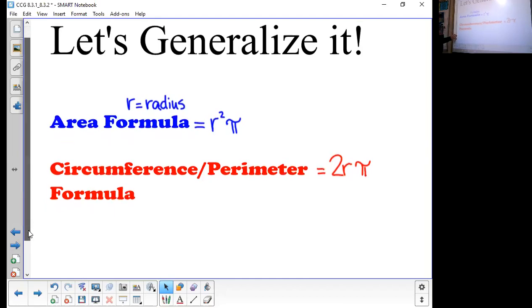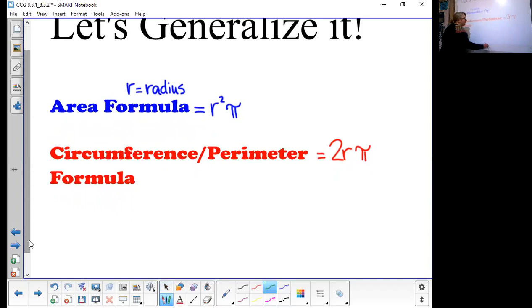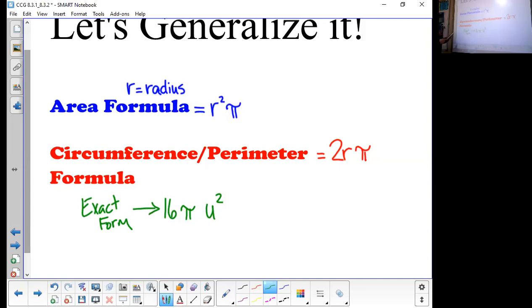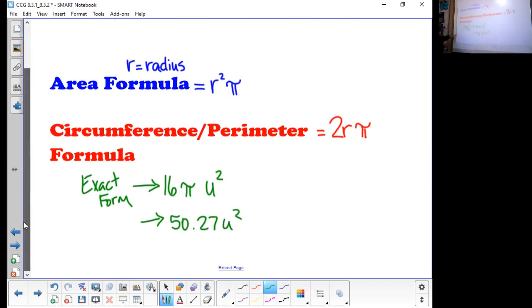And when we're doing these, for instance, if I had 16 pi units squared, you can leave it just like that, and that is what we call exact form. Or you could use the pi button on your calculator and multiply it out, and you would get a decimal, 50.27, rounded. And as soon as I start rounding, it's no longer exact, it would be approximate.